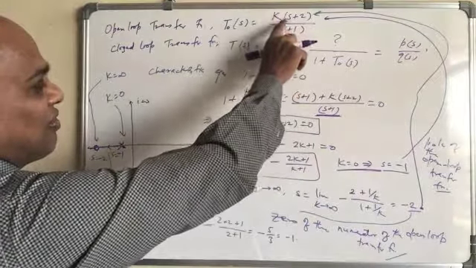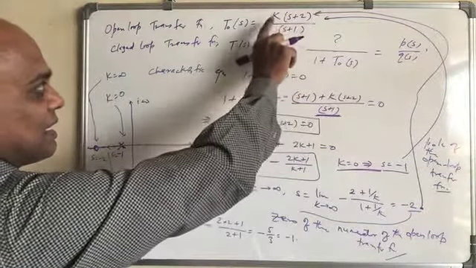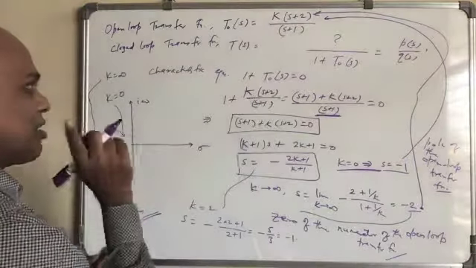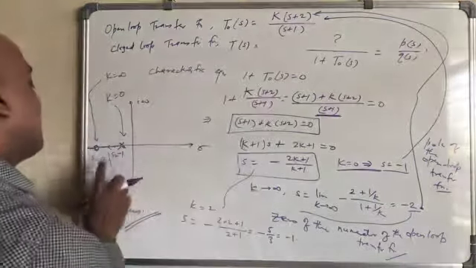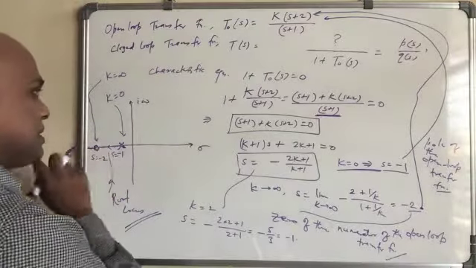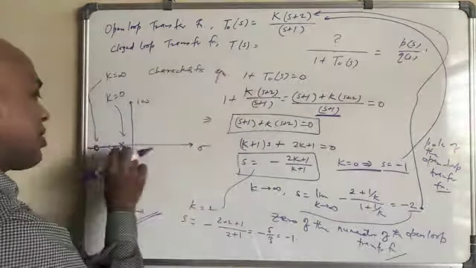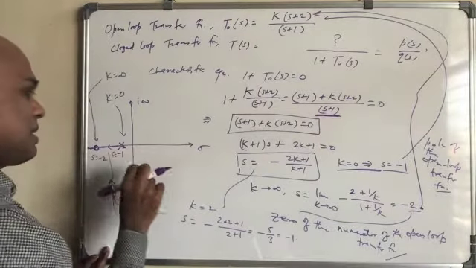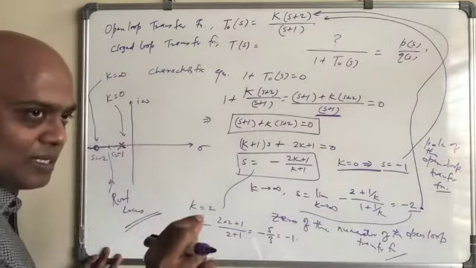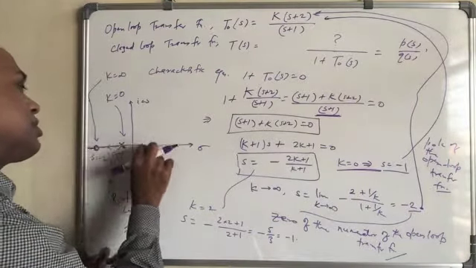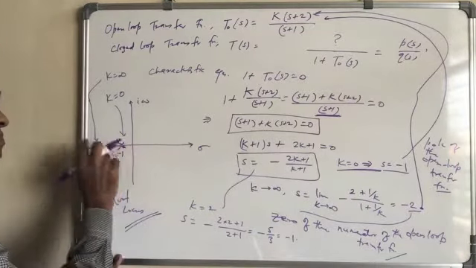Now the value of k equal to 0 corresponds to this cross. k equal to infinity corresponds to this 0. We have seen that the root locus, that is the plot of s from k equal to 0 to k infinity, will be like this.